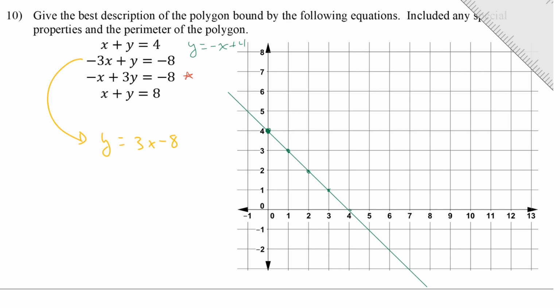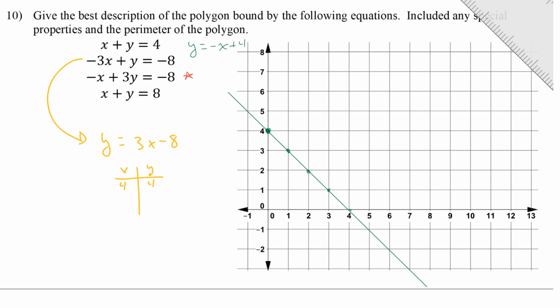And rather than trying to extend this graph and estimate that, let's just pick some different values of x and see what we get. So for example, if I pick x as 4, I could do a quick little table of values. If x is 4, this becomes 3 times 4, which is 12, and 12 minus 8 is 4. So y would be 4 also.